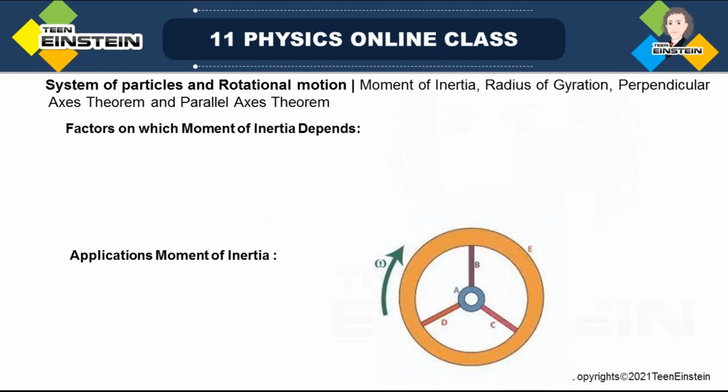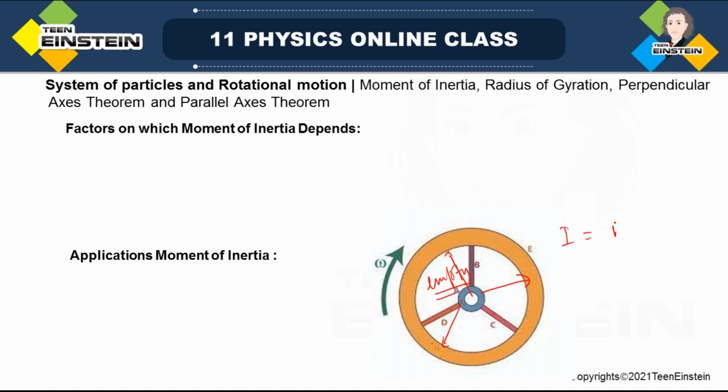We have seen in case of a cartwheel, or maybe a bicycle also, that more mass is put in the rim, right? Why is it so? This is the mass, and this is empty space, these are the spokes. By doing this, you know what happens.